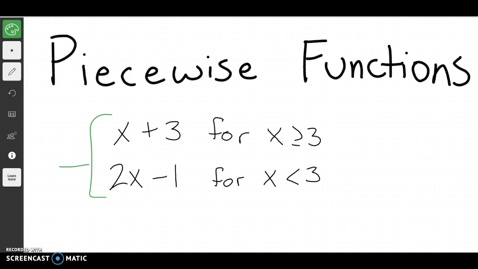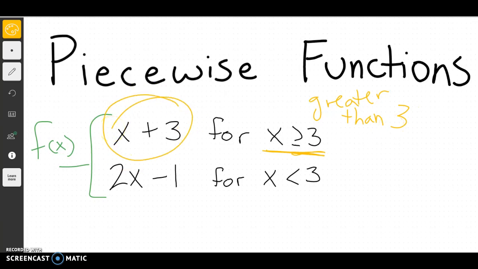So this is kind of how we read this. This whole thing would be my function, and it's a piecewise function. And it says if your input is bigger than 3, so if your input is greater than 3, you're going to use this rule right here. You add 3. So any time x is bigger than 3, I'm going to add 3 to it to figure out the output.